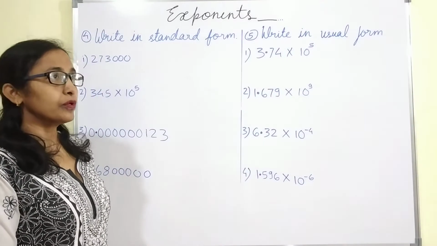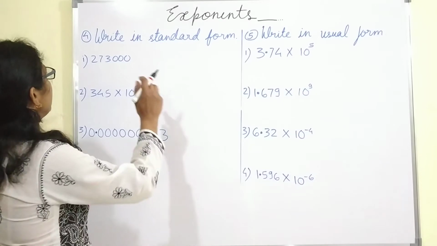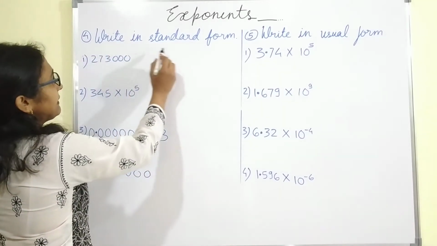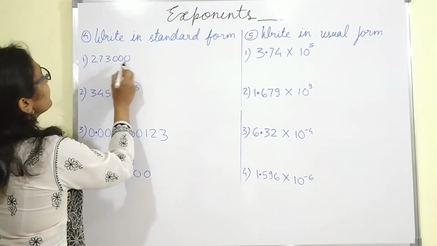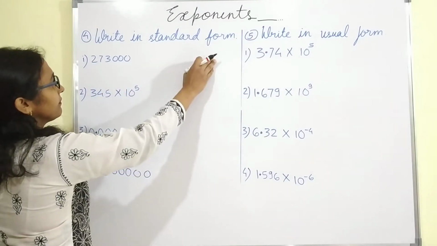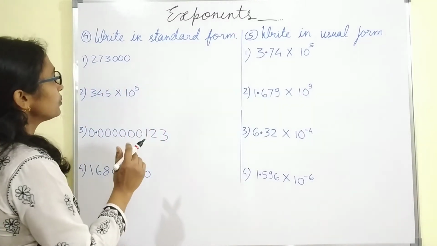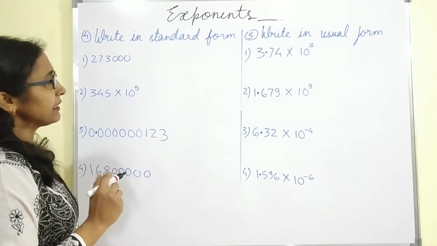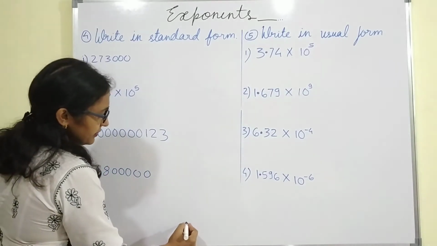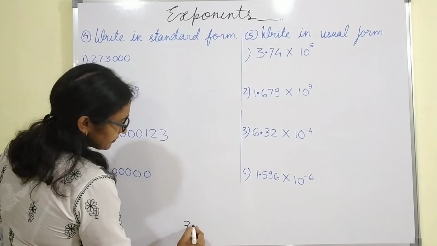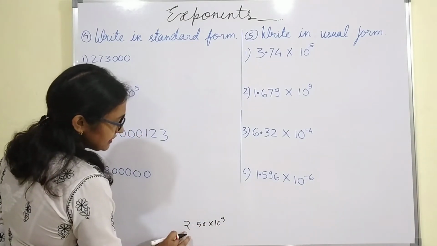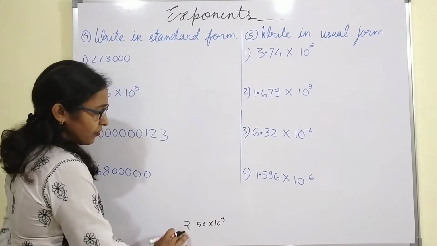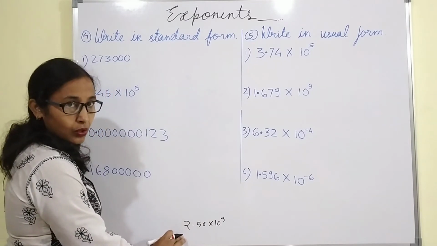Now more questions based on exponents. Fourth, write in standard form. 2,73,000 we have to write in standard form. To write any number in standard form, there should be only one digit on the left of the decimal.